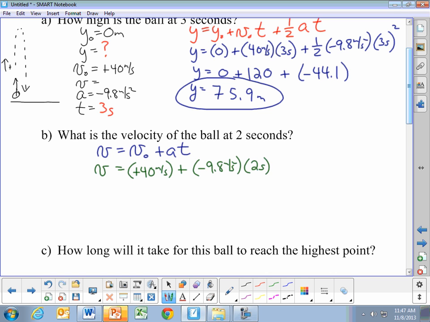That gives us a velocity of positive 20.4 meters per second. The fact that the velocity is positive means that it's still on the way up. 2 seconds is less than the time to reach the highest point. As it goes upwards, the velocity is going to become less positive and less positive. At the highest point, the velocity is going to be 0, and then the velocity will become negative as it starts falling back downward.